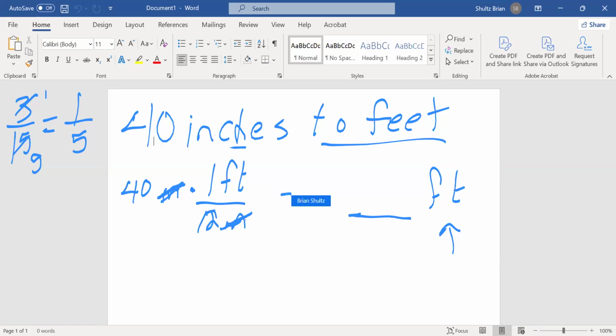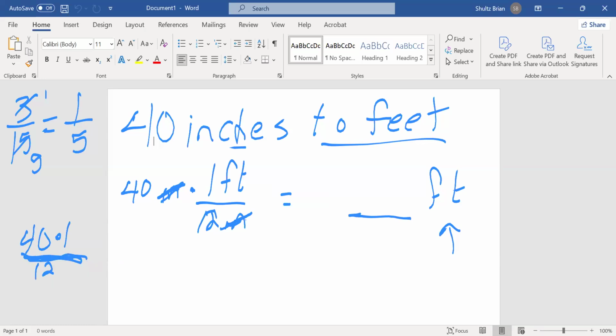So I know that I am done with being able to change. All I have to do is do the math. I've got 40 times 1 over 12. Remember division bar, division bar.